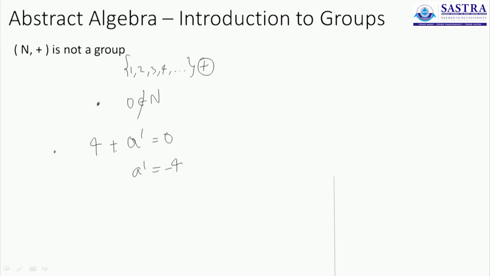So a dash is supposed to be minus 4, and since we are discussing only positive integers, minus 4 doesn't belong to the set of all natural numbers, and therefore this set fails to satisfy 2 of the 4 conditions to form a group. So it just stays with the conditions required for a semigroup. You cannot enforce any more properties on that.